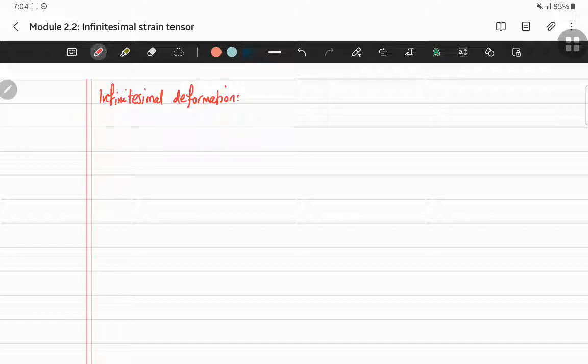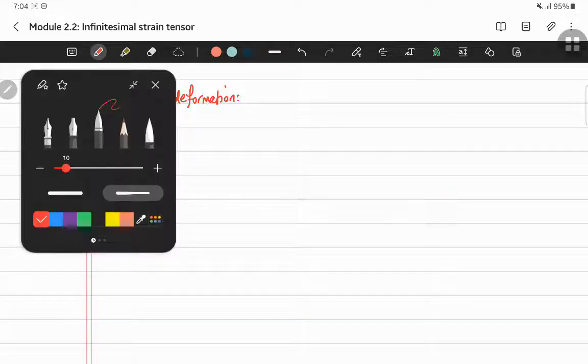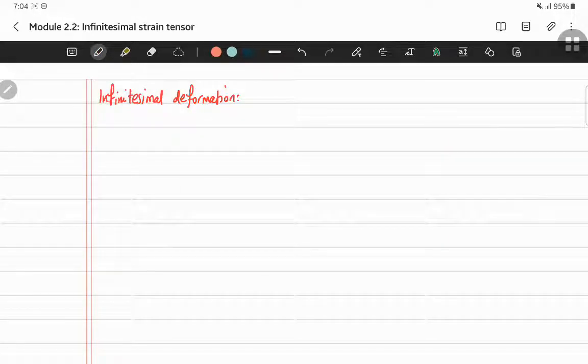So it's going to be, you know, a lot of fun. So let's get started. First, we're going to develop the mathematical preliminaries for the infinitesimal deformation.